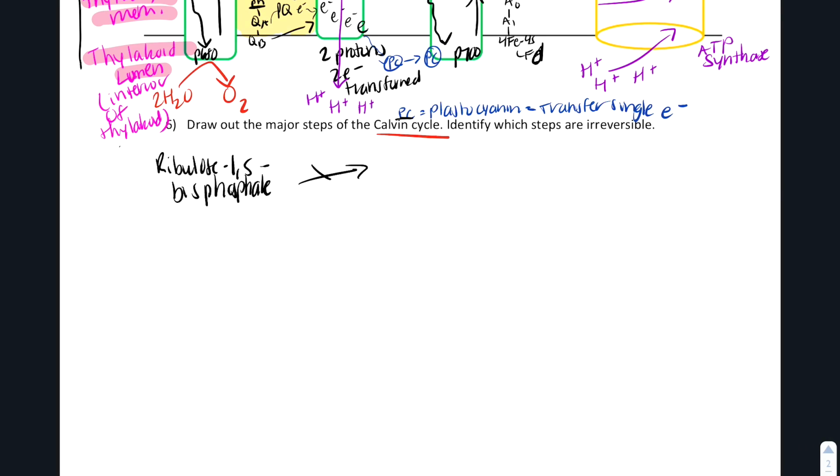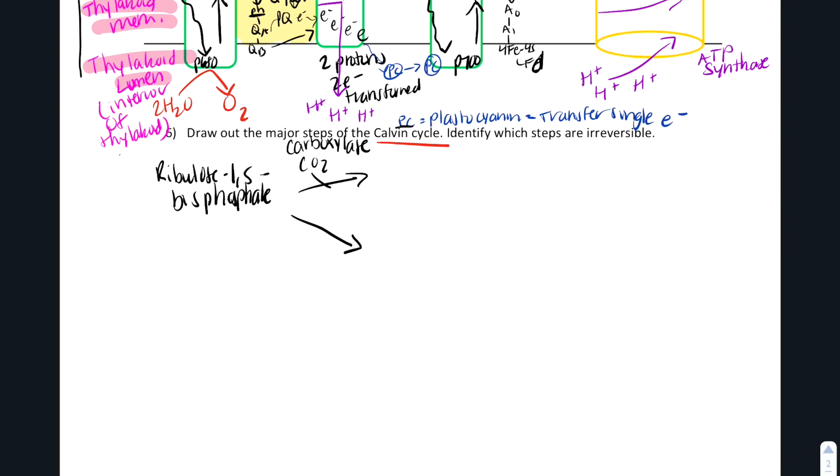It can go through carboxylation, which involves the input of the carboxylase enzyme, and it also goes through oxygenation, which is through the input of oxygenase.